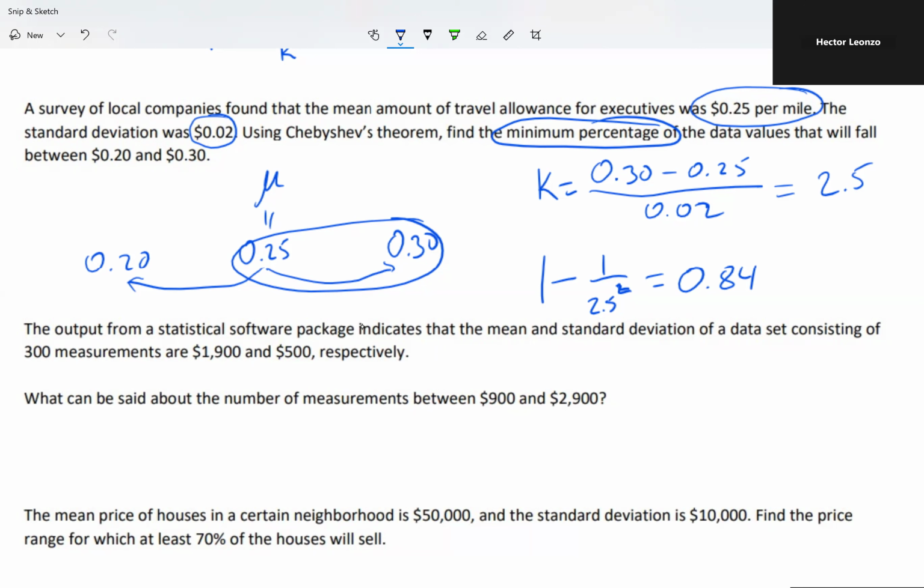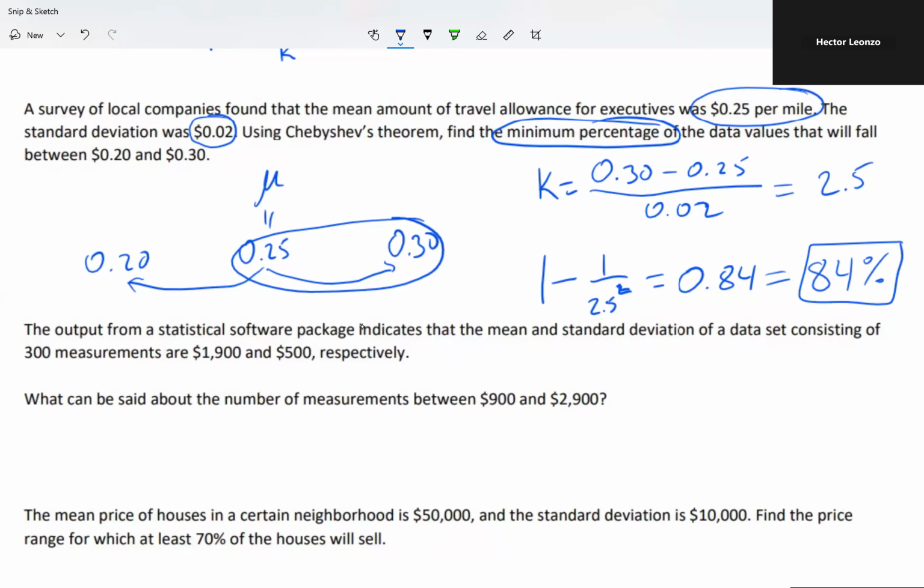So for me to go from probability to percent, multiply this by 100. 0.84 times 100 is going to give me 84%. Now for your homework, I'm asking for percentage, so just give me 84. You don't have to type in percent, but just the number.